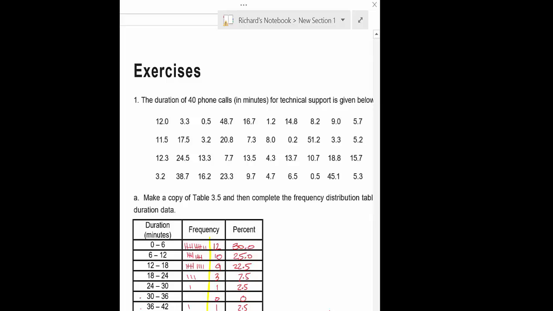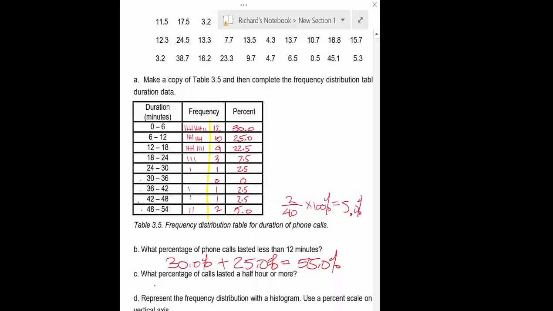So 30 to 36, 36 to 42, 42 to 48, and 48 to 54. So 0 plus 2.5 plus 2.5 plus 5, 10.0%.